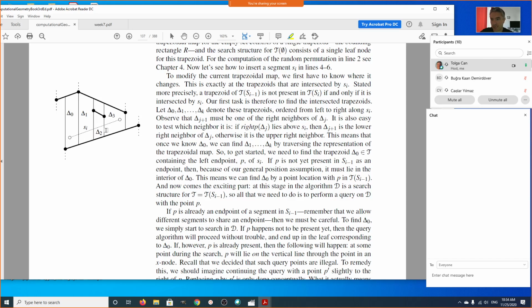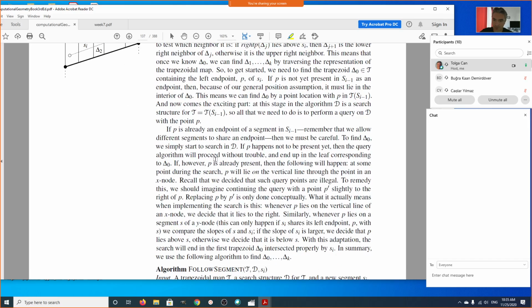Given this segment Si here, our goal is to find delta 0, delta 1, delta 2, and delta 3. This other trapezoid is not going to be affected. The way we do that is we find delta 0, and then we run the while loop. If you look at the while loop, it's very simple actually.